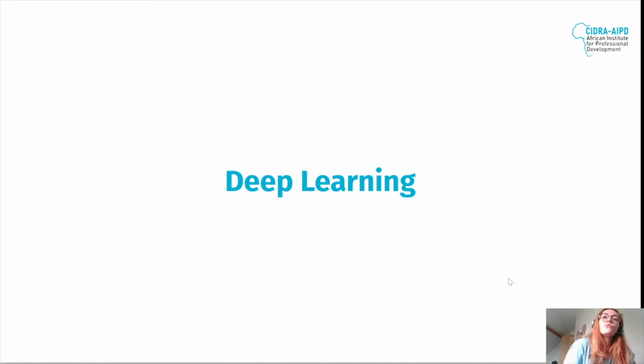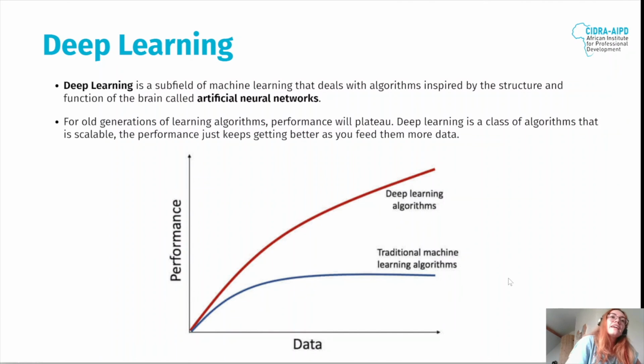To finish, we're going to talk about deep learning. Deep learning is a subfield of machine learning. In the image from one of my first slides, we saw AI as the biggest one, then machine learning is a part of AI, and deep learning is a part of machine learning.